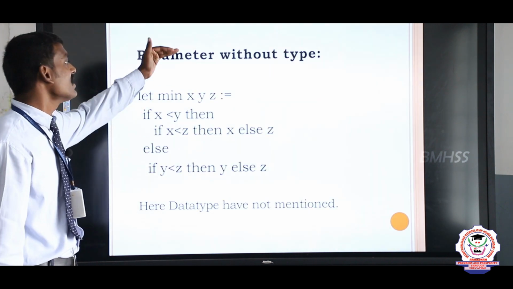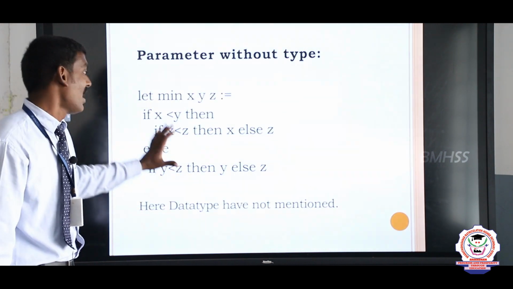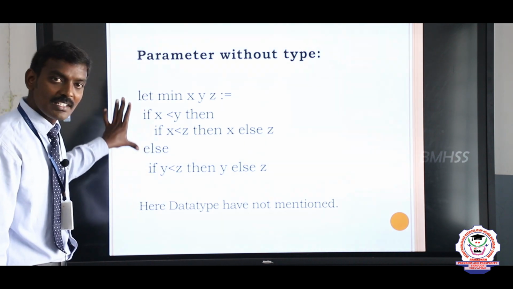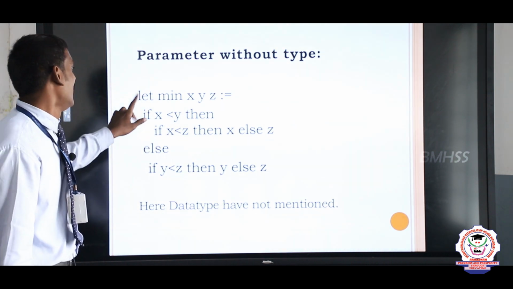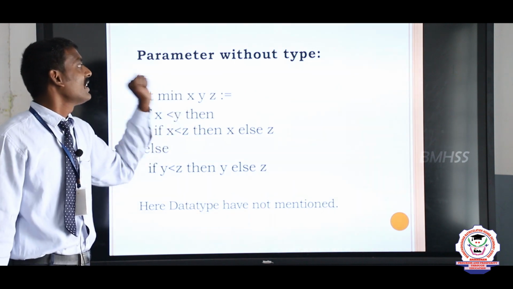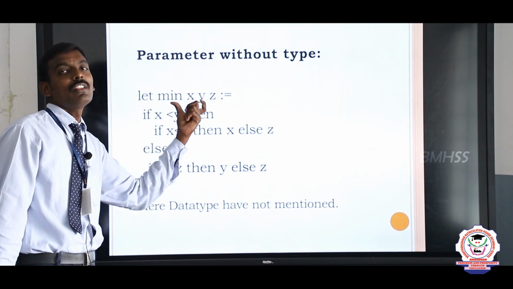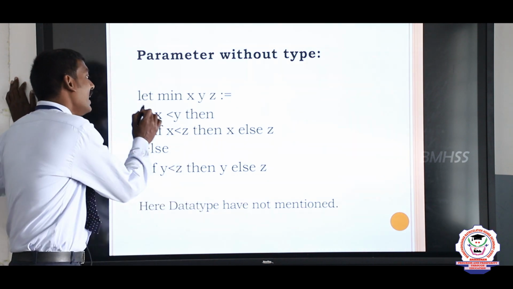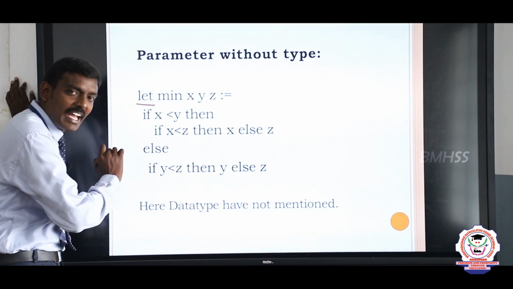Next, this is an example pseudocode of parameter without type. Listen, children, this is not a Python program, this is pseudocode. It is an example for parameter without type. Let is a keyword.